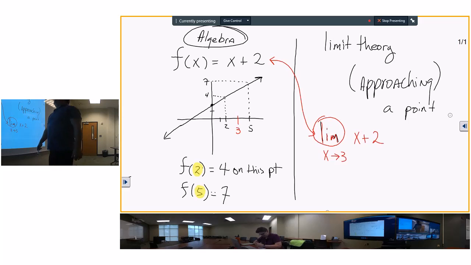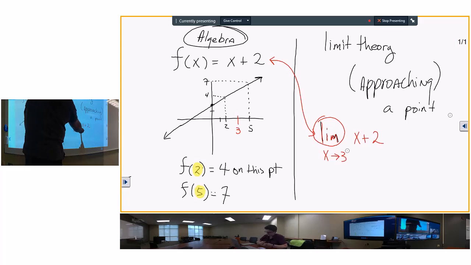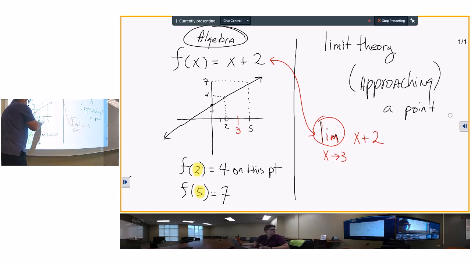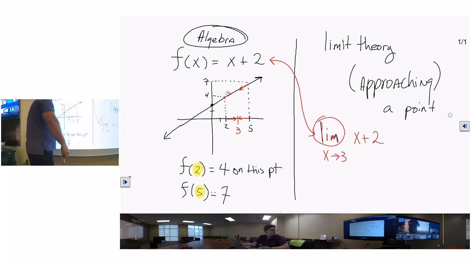And this is saying that when I approach, since I don't have a plus or a negative here, this is just saying that I'm approaching from both sides. As I approach 3 from the left, and I approach 3 from the right, what am I approaching on this function right here?